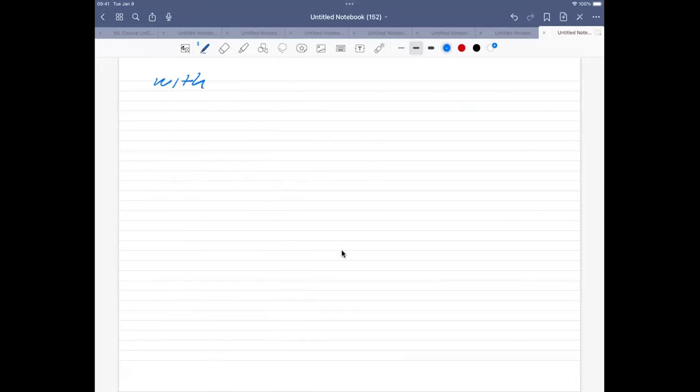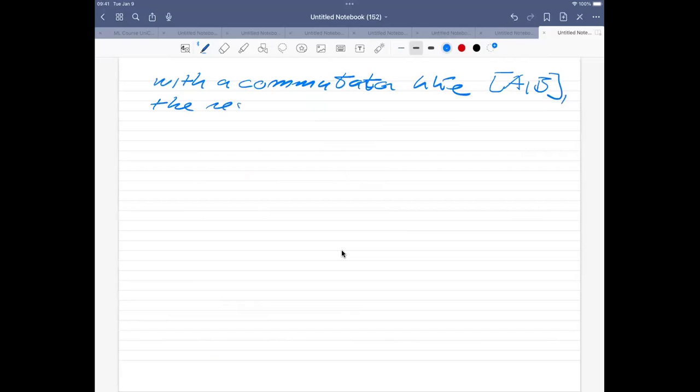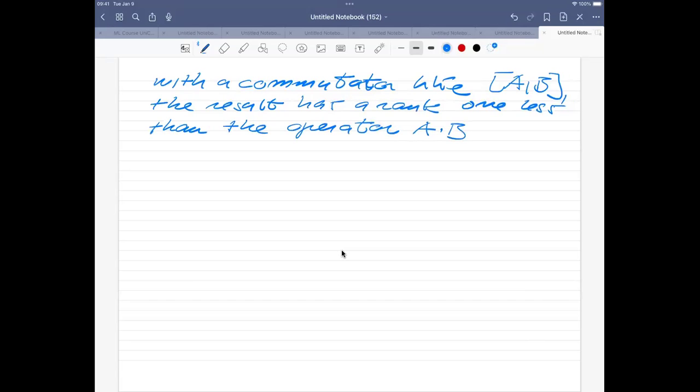So with a commutator like this, A and B, the result which we end up with has a rank which is less than the operator A and B. A times B has a rank which is one less than the combined operator A times B. So that reduces the rank of A and B.